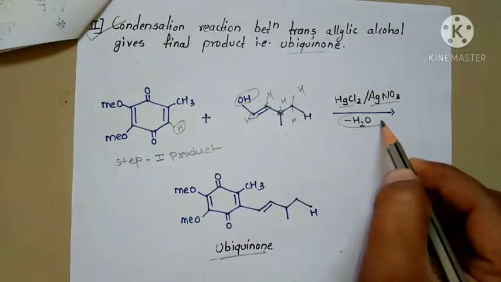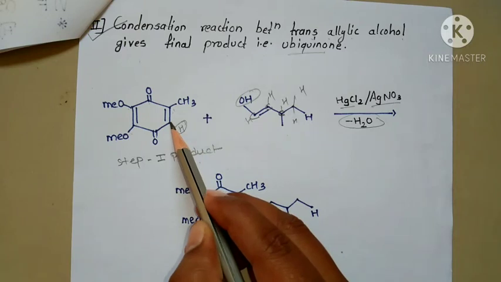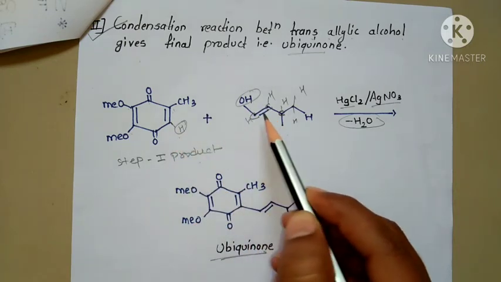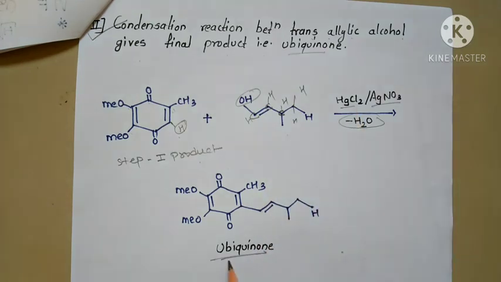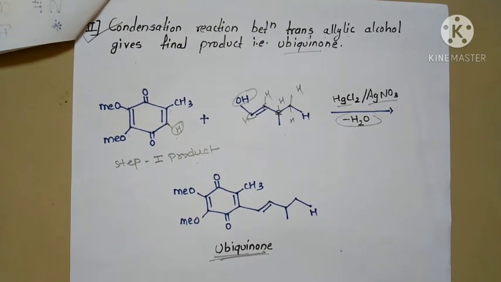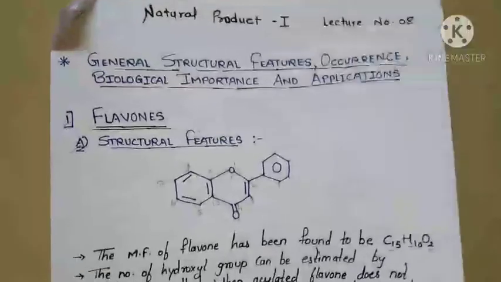That means the water part gets eliminated in this reaction, and the carbon is attached to the allylic carbon. Okay, then you will get ubiquinone. So that is the synthesis of ubiquinone. Okay, thank you.